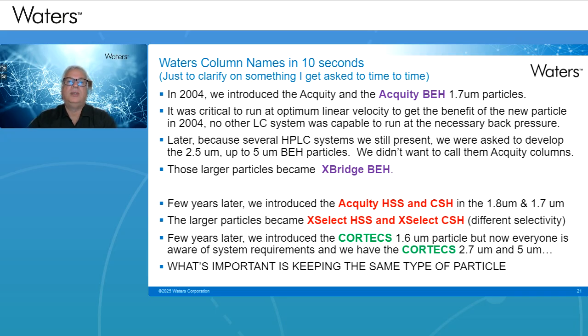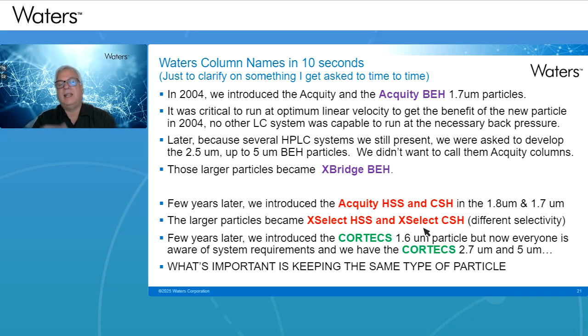So we gave different names to the other BEH that can be used on the HPLC, and we call them XBridge. For the HSS and CSH, it's the Acuity HSS and CSH, and in the HPLC world, we call them XSelect HSS and XSelect CSH.